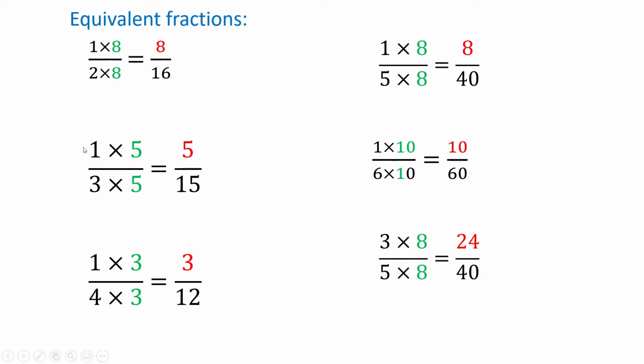And if you simplified it back again, it would be 1/3. 1/4, 1 times 3 is 3, 4 times 3 is 12. 1 times 8 is 8, 5 times 8 is 40. 1 times 10 is 10, 6 times 10 is 60. 3 times 8 is 24, 5 times 8 is 40. So those are all the ones.